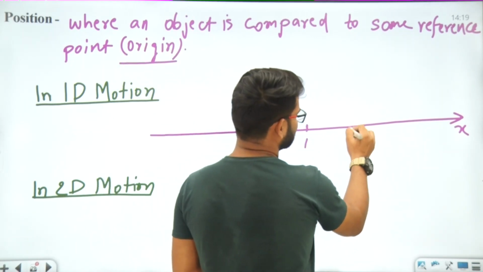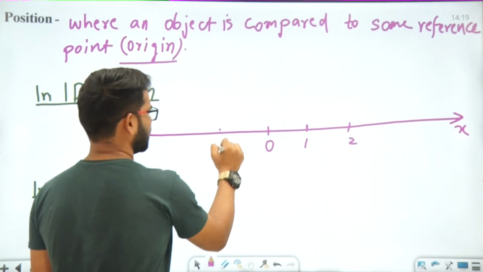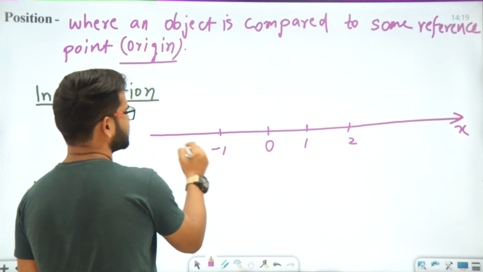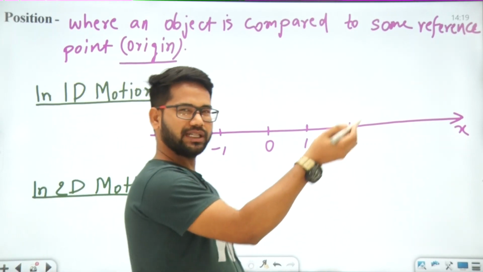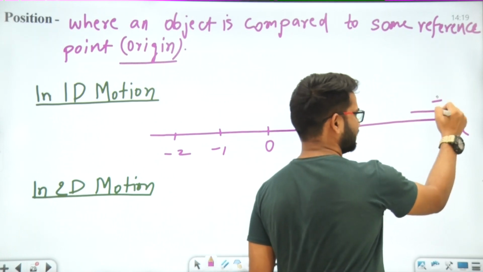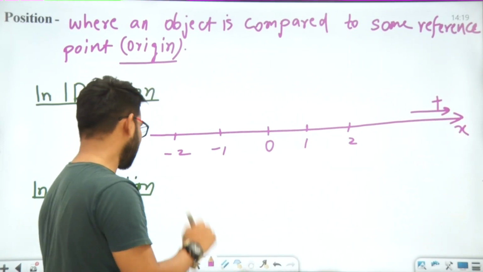This can be 1, 2 marking of this, right? This is -1, -2. This direction will be positive and the other direction will be negative.